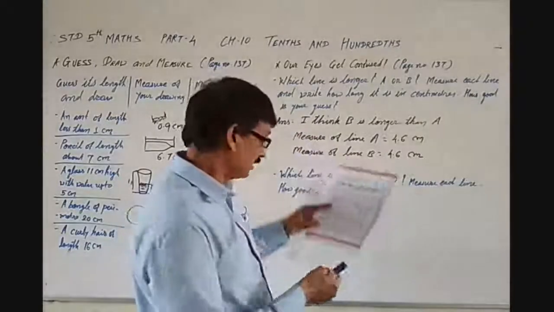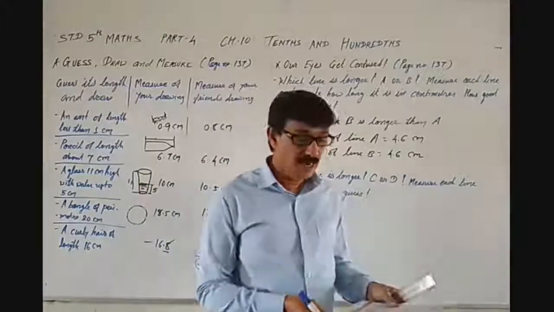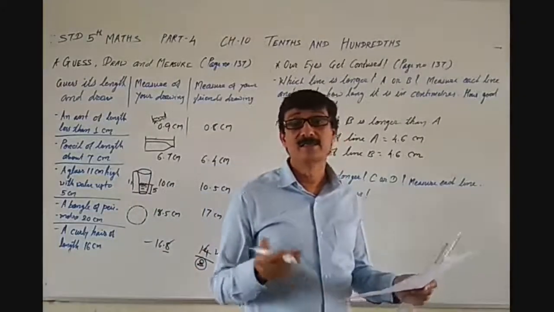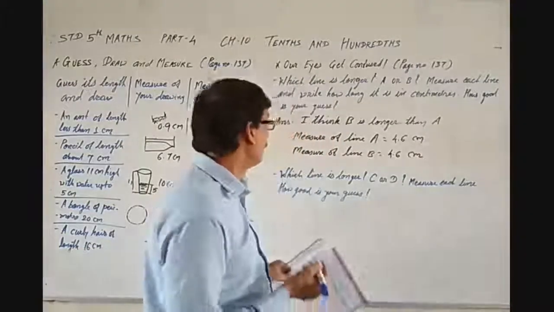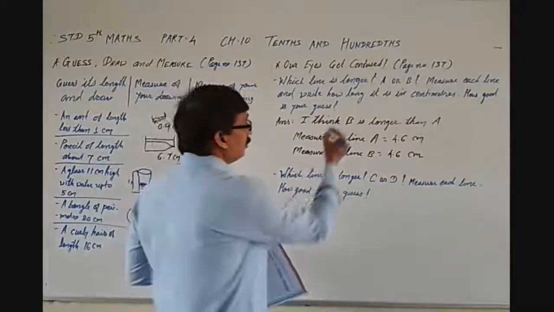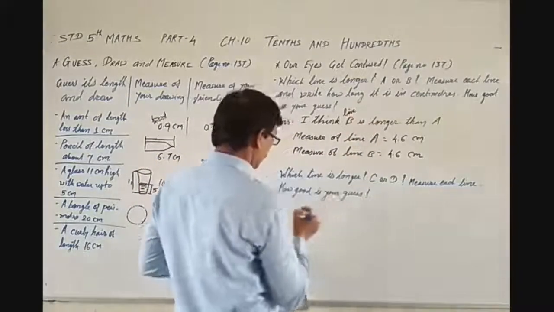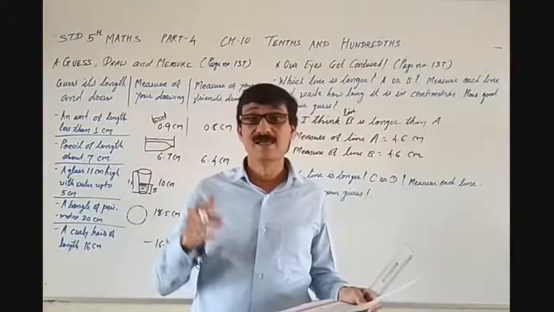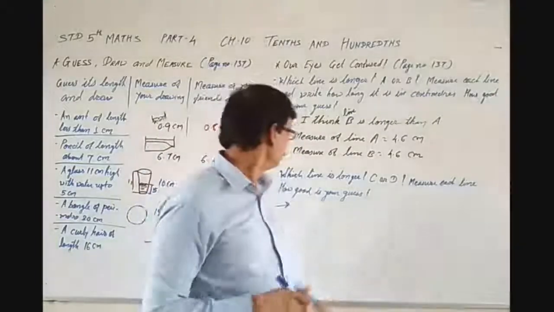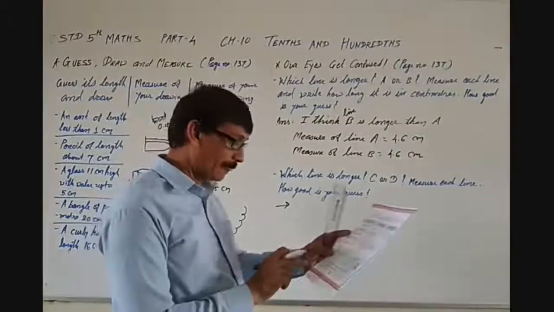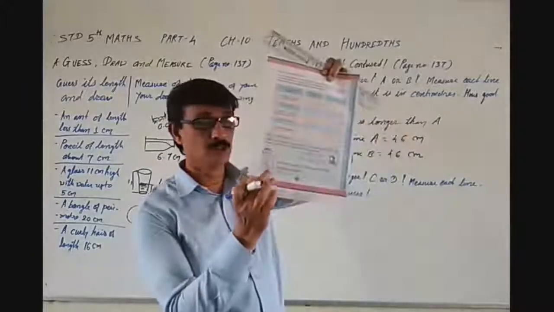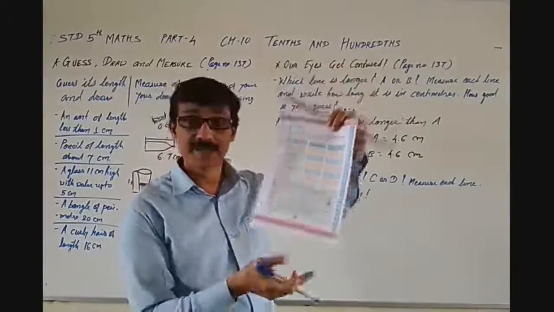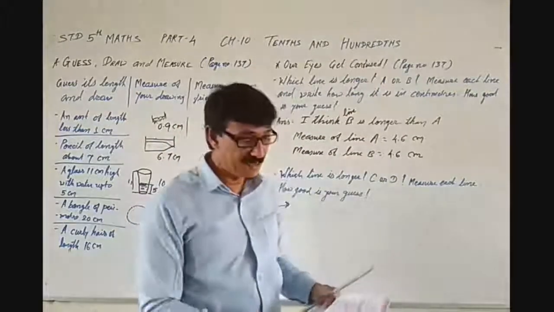Suppose in this one you will write, line C seems to be longer than line D. Two lines are there, C and D, and on looking at this also, we can see C is longer than D. So it seems to be longer than D.